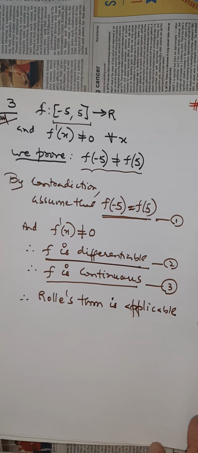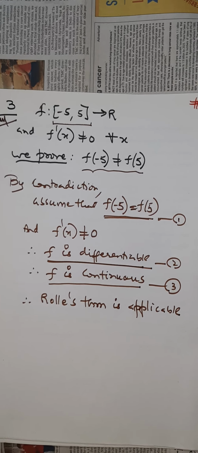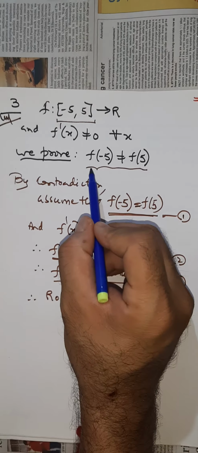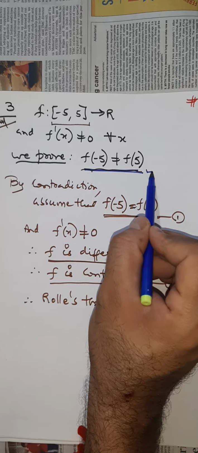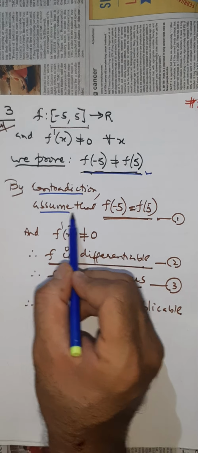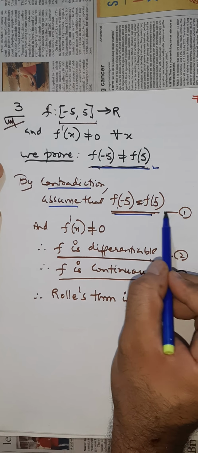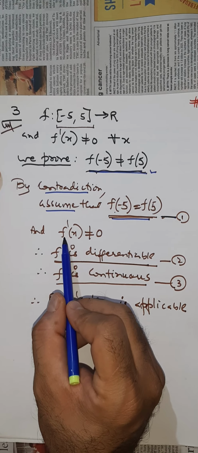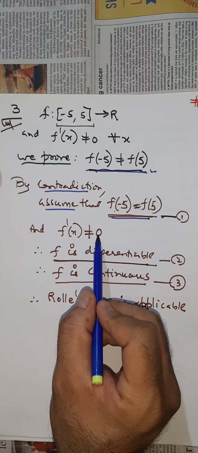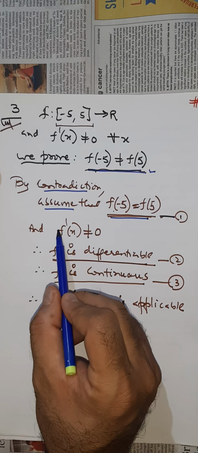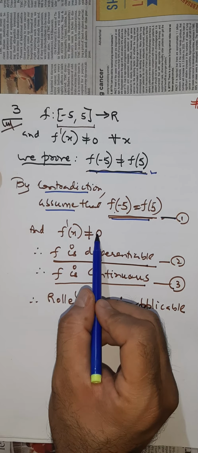I repeat these three arguments. You want to show that f of a is not equal to f of b. So by contradiction, I'll assume that f of a equals f of b. Call that 1. You are given that f dash x is non-zero. But f dash x is there, remember, it may be 2, 3, 400.